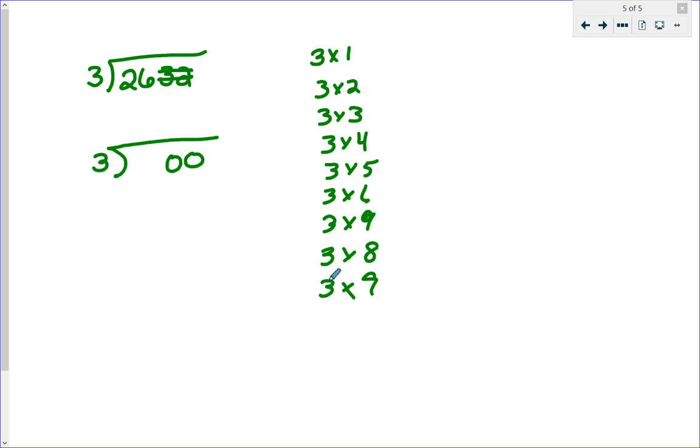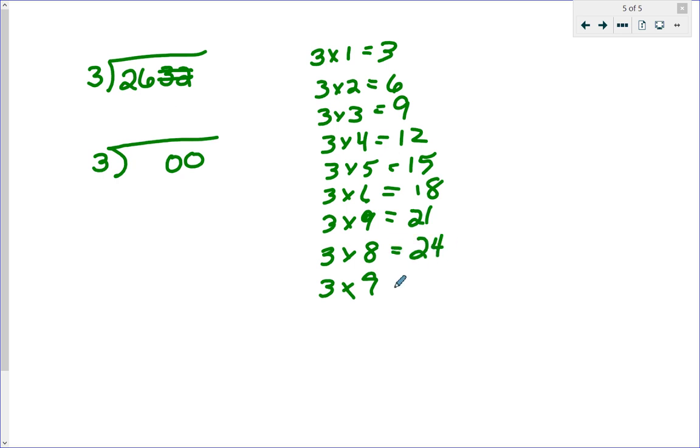Those are our basic facts. So we do equals 3, 6, 9, 12, 15, 18, 21, 24, and 27. That's supposed to be a 7. That looks bad. Okay.